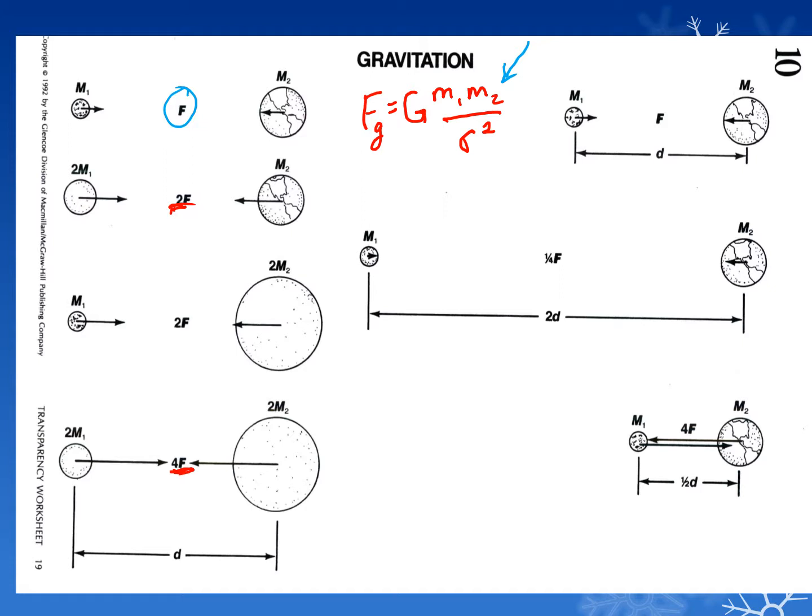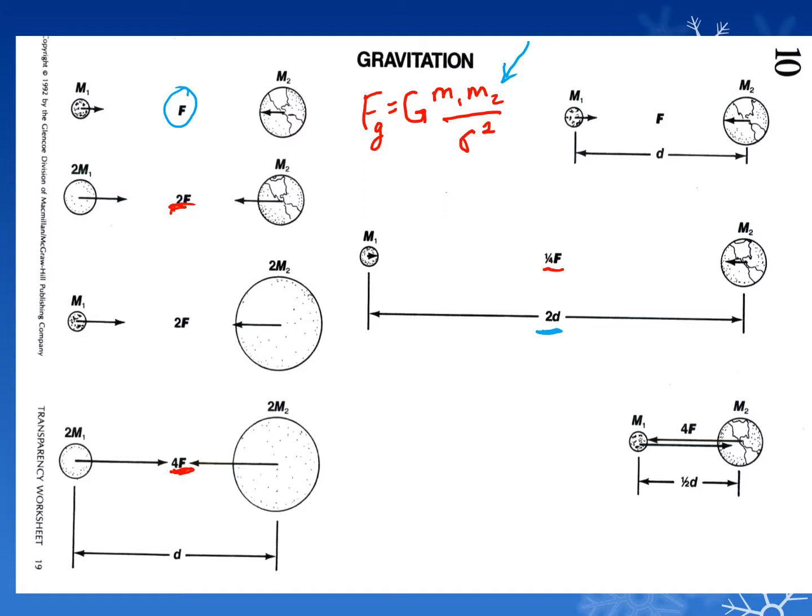But what if we start changing the distances? What if we double the distance? If we double the distance, our force is going to be 1/4 as big. The force between those two objects gets smaller.